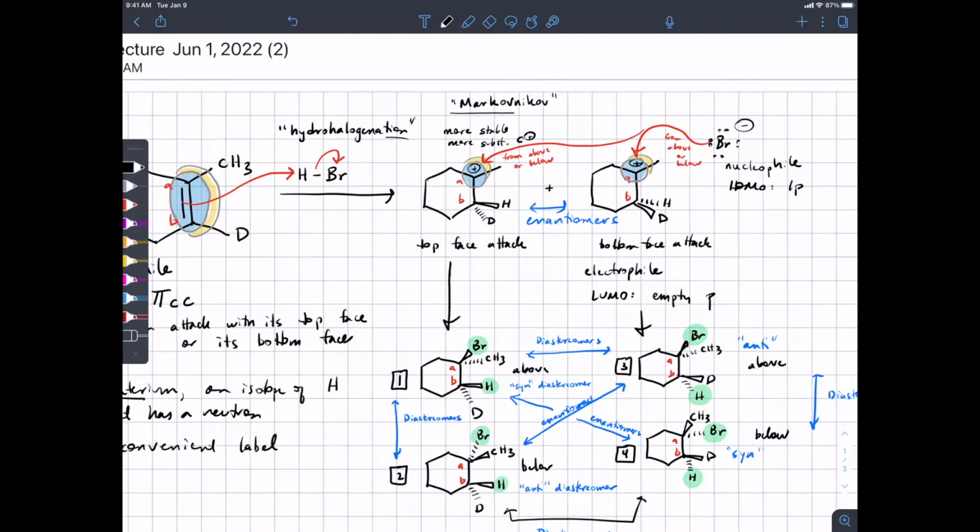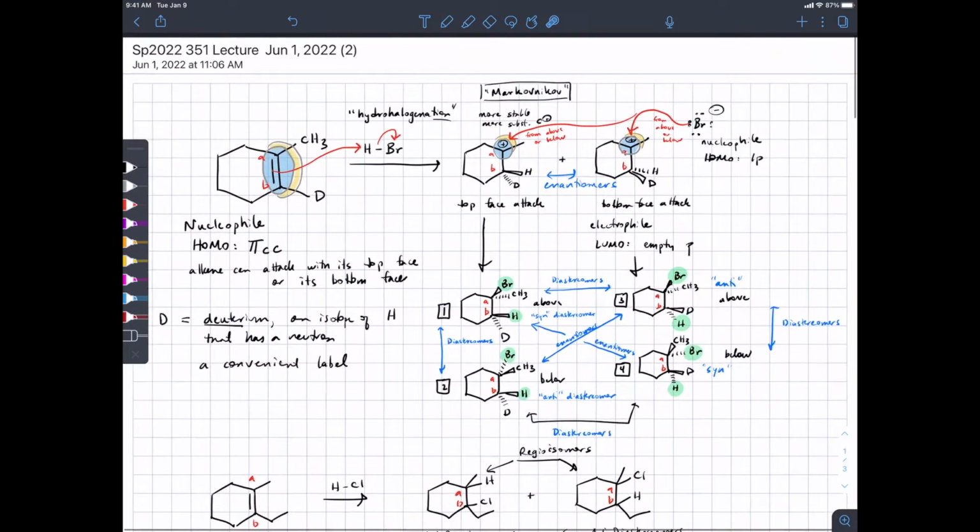I don't really care that you know that, but it will come up in your text. And in particular, we're going to find situations that violate this trend, and your text will call them anti-Markovnikov products. But yeah, not a huge fan of memorizing the names of dead people. May they rest in peace.